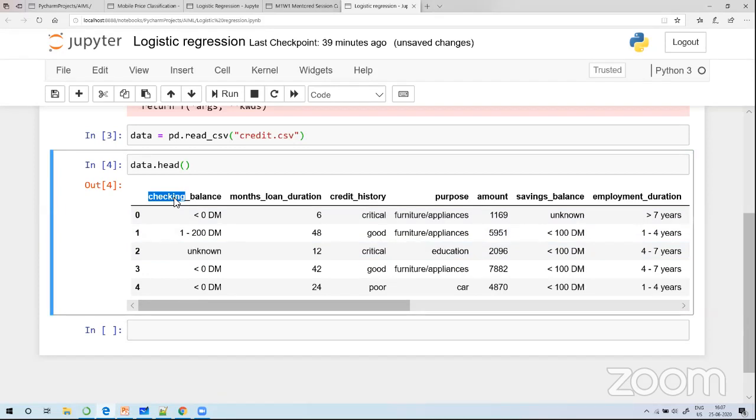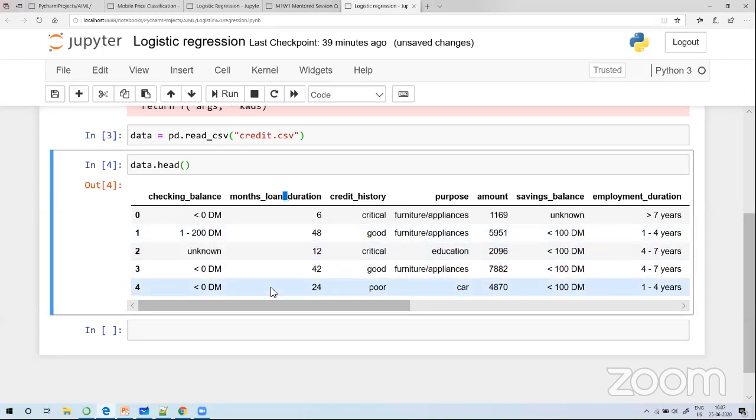Checking balance, think of this as a kind of current account: less than $0 per month, $1 to $200 per month, greater than $200 per month, unknown. So the usage of the account is already divided into these 4 categories.